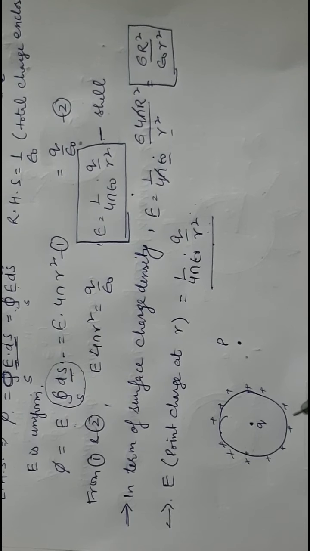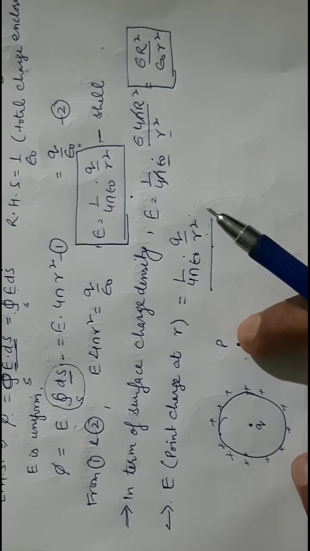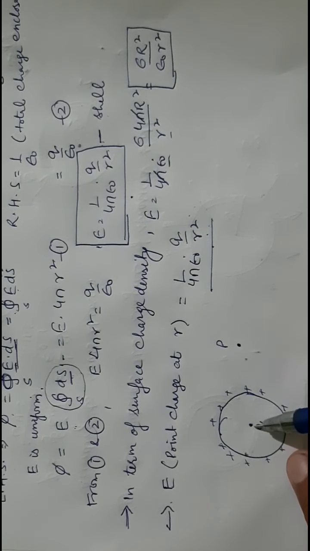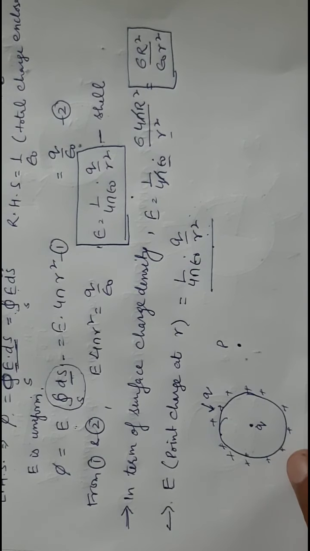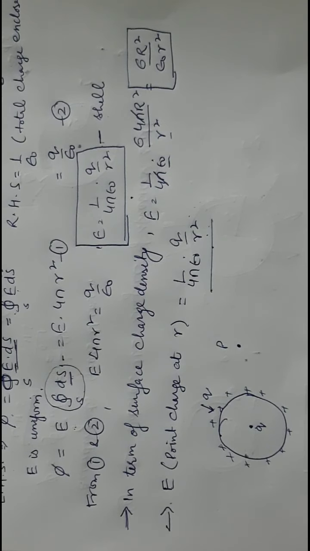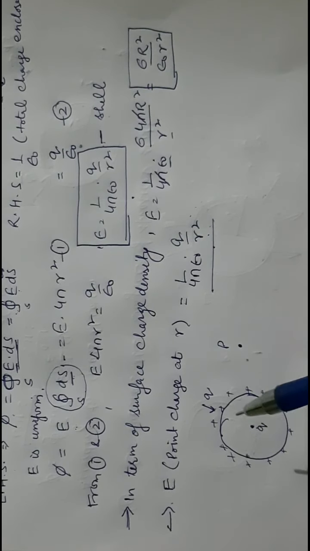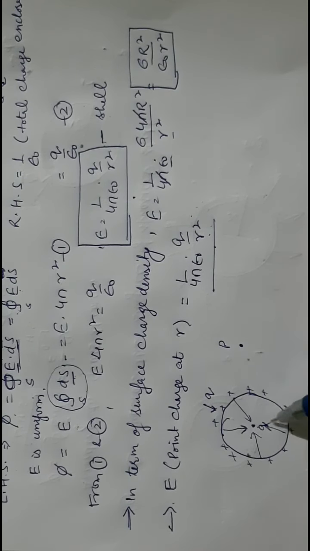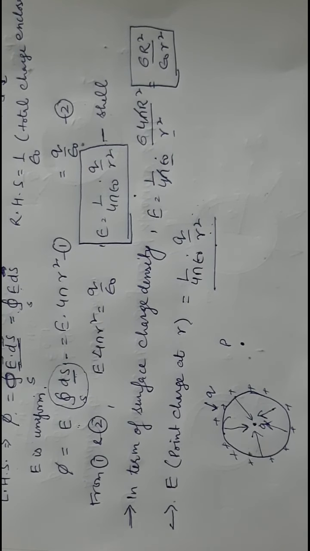So this tells us that the electric field because of the spherical shell at a point P outside the shell is equal to the electric field due to a point charge placed at the center, if both have an equal amount of charge. So it tells us that the whole charge of the spherical shell is concentrated at the center, and produces the same amount of electric field at point P.